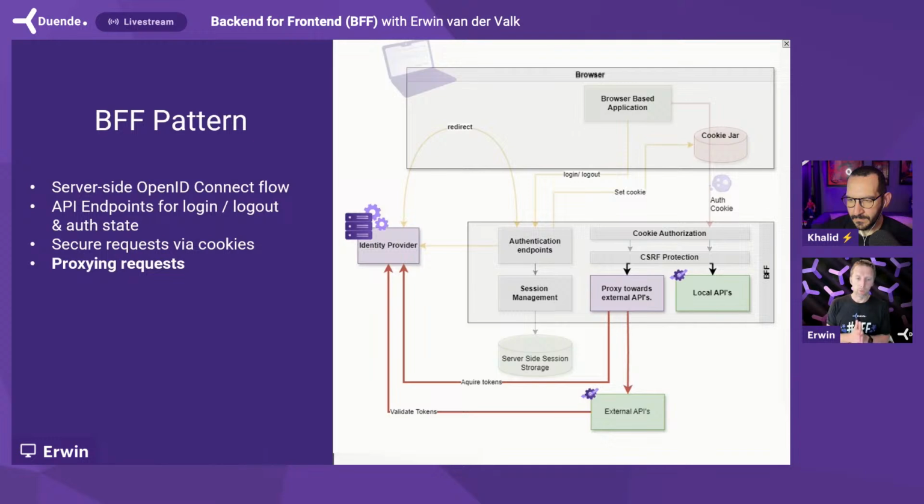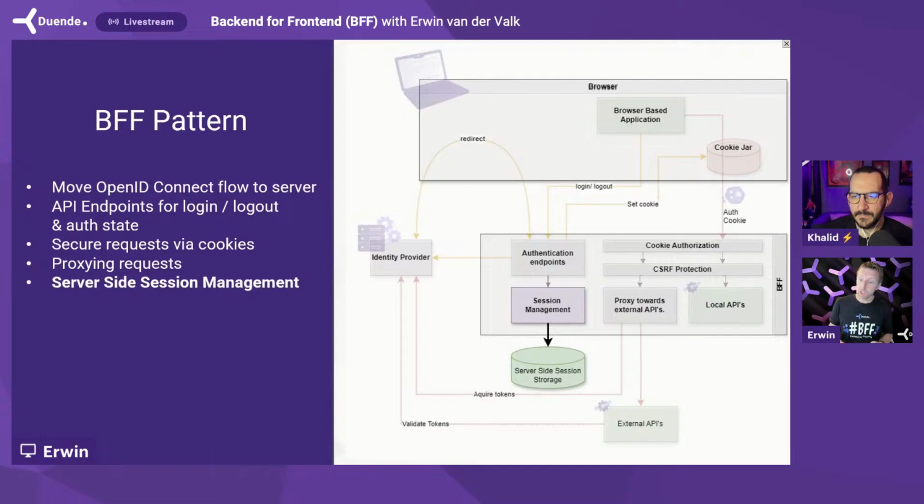That's what we need to do here. And that's very important when accessing external APIs. Now, this, by the way, does mean that the BFF becomes a central point through which all the traffic flows. So a very effective proxying mechanism is, of course, very, very important here.